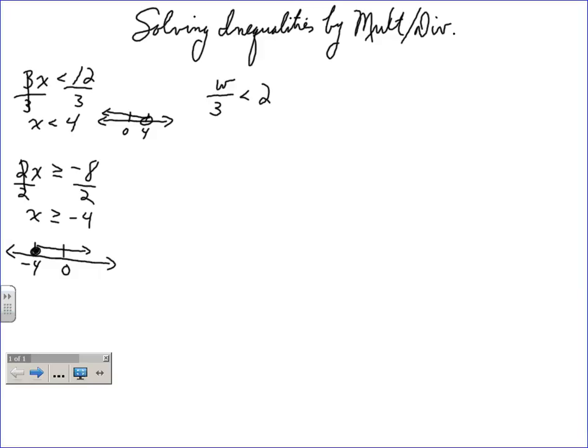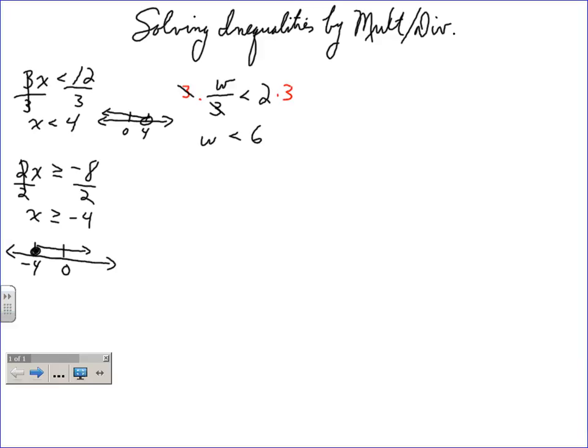Yeah, Austin. Okay, so we're going to multiply both sides of this inequality by 3. You'll notice that it's the same thing as solving a regular equation, with one exception, which we'll cover in a minute. The 3's here will cancel, and w is less than 6. We know how to graph that, right?